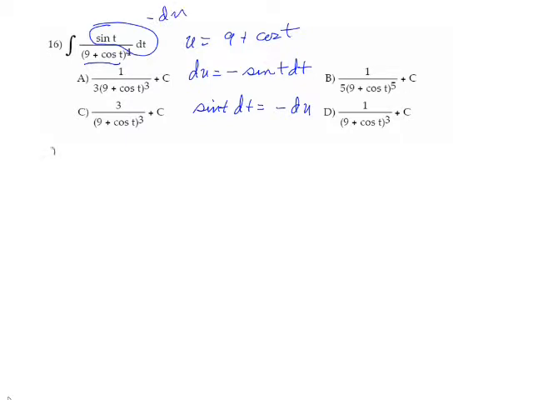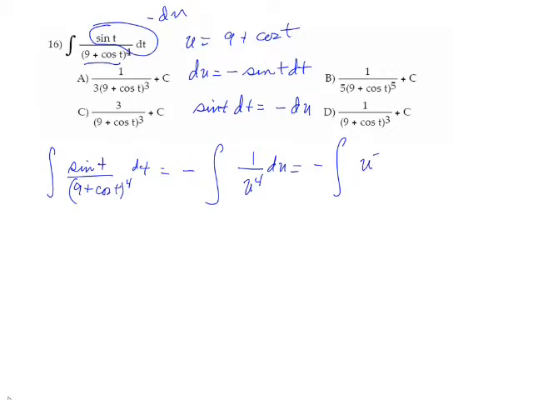And so the integral of sine of t over 9 plus cosine of t to the 4th power dt will equal minus the integral of 1 over u to the 4th du, which equals minus the integral of u to the minus 4 du, which equals minus u to the minus 3 over minus 3 plus a constant, which is equal to u to the minus 3 over 3 plus a constant.